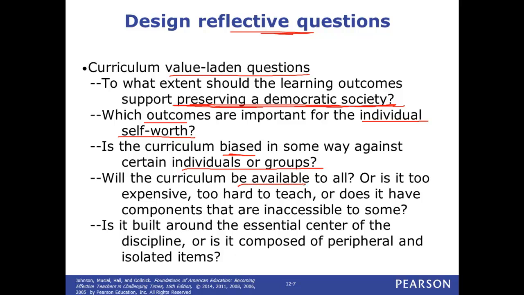Will it be available to all, or is it too expensive, too hard to teach? Does it have some components that are inaccessible to some? Is it built around the essential center of the discipline, or is it composed of peripheral and isolated items? What is the collective there? For example, I saw where it was restricted: I wanted my son to be in an advanced math class in middle school.